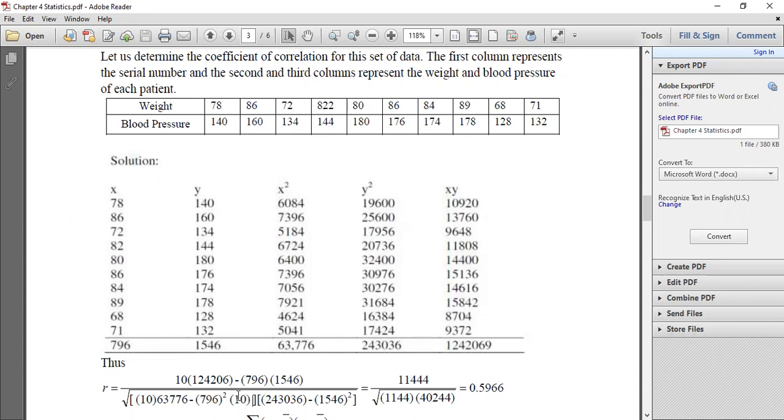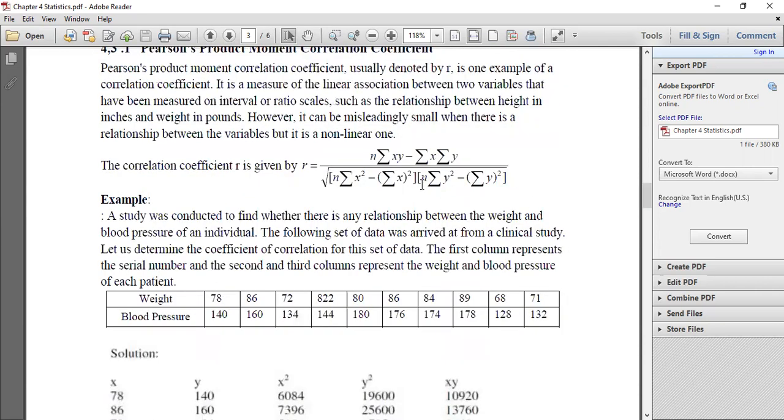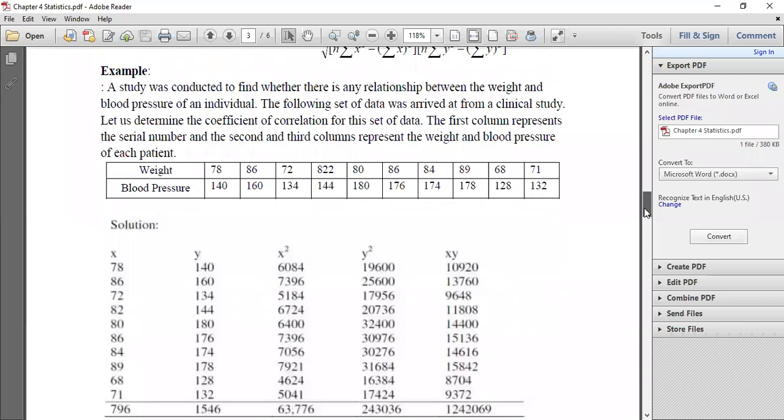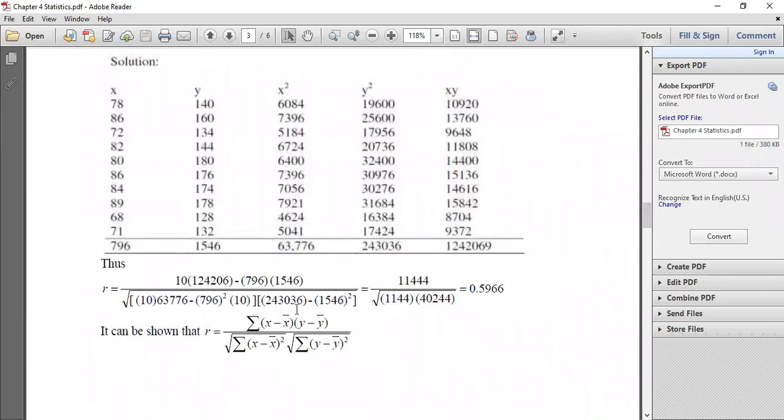So this 10 is not supposed to be here. So this square bracket is supposed to end at this point here. So then we have N, just like the formula is here, N, then summation of Y squared. And then now minus the summation of Y, then the whole of it squared.